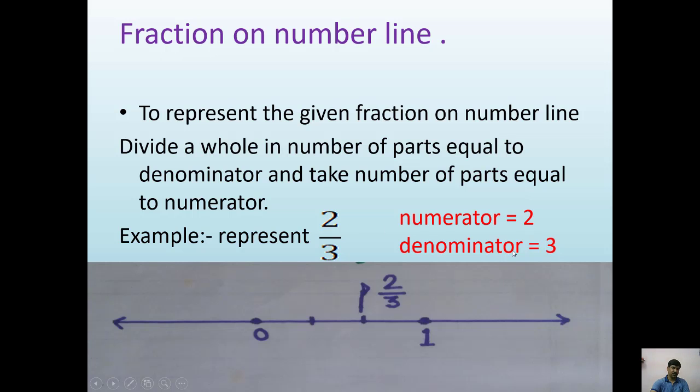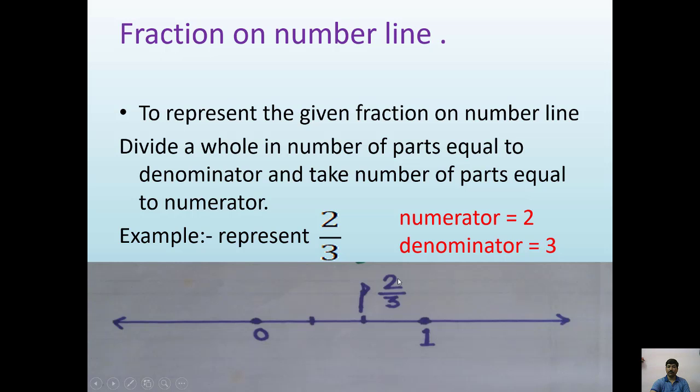has only a numerator 2 and denominator 3. It means to represent this fraction on number line, we draw a line on which we represent two wholes, starting with 0 and the next whole, 1. What will be the total parts?